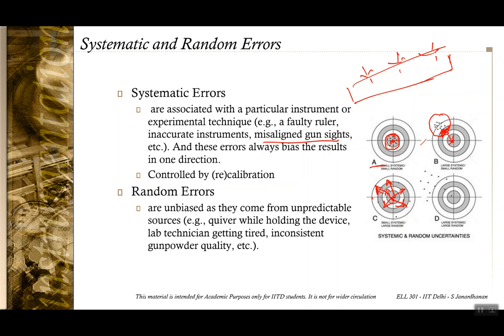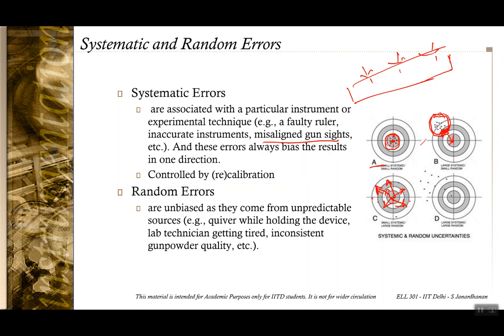Even if you take 100 measurements, you don't have any estimate of the amount of error or the direction of the error in the next measurement. In case of a systematic error, as you keep on taking measurements, you may notice that the errors tend to be in one particular direction.